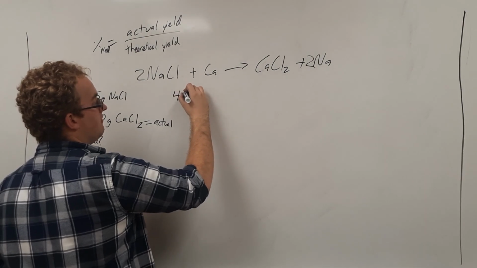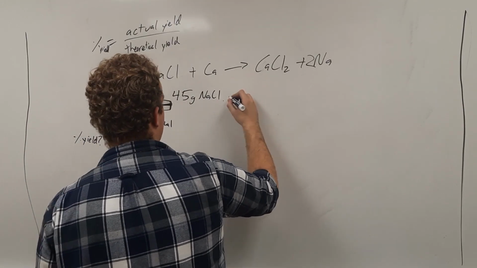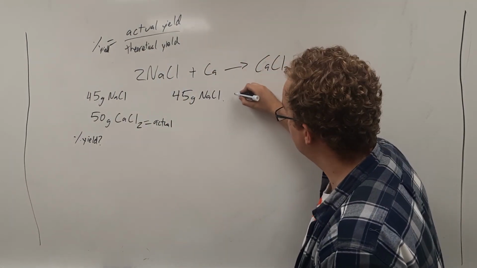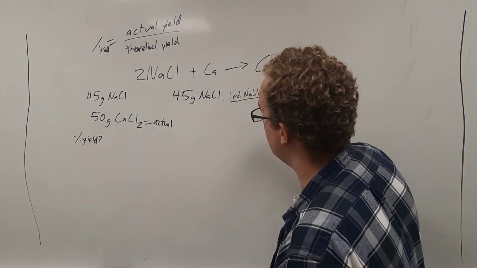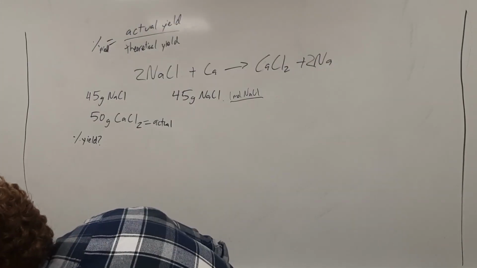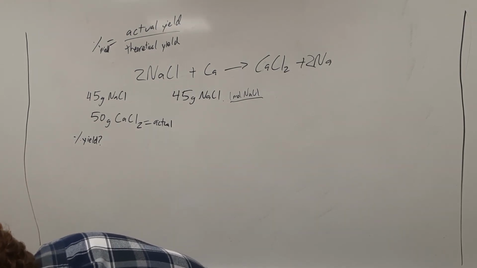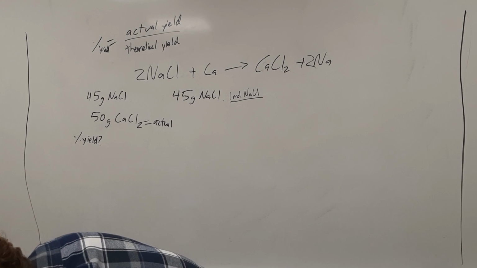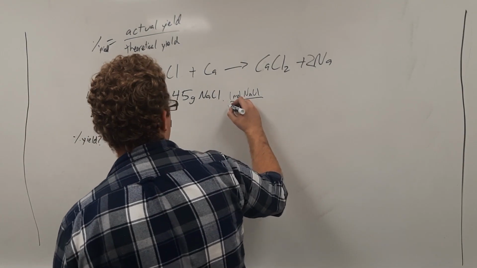And we just do 45 grams of NaCl times 1 mole of NaCl over its molar mass. I cannot remember that off the top of my head. Let me look it up real quick. So NaCl, the molar mass should be about 23 plus 35.4.